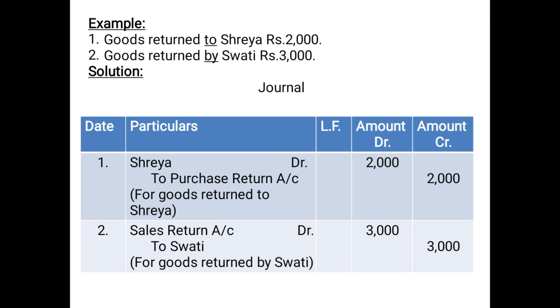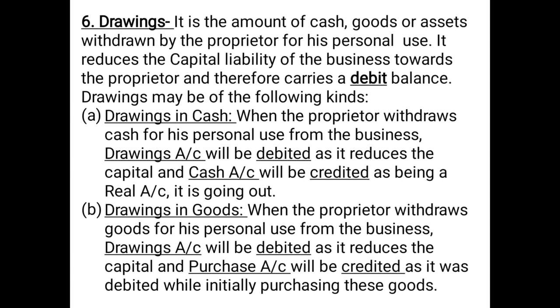So I hope the concept which we have discussed here and the entries examples are clear to you children. Now moving ahead, children, with the next transaction, that is drawings. Now if you remember the basic terminology chapter, we have already discussed this term drawings. What is drawings?